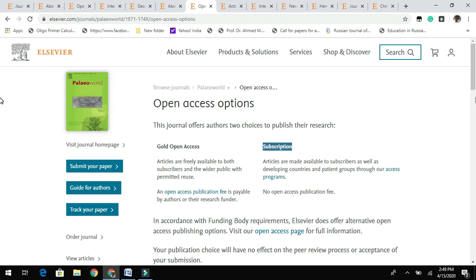Once your article is accepted, you get a copyright form and an open access policy form where you can choose whether you need a gold open access policy or the subscription-based option. So let us see the indexing pattern of this journal.